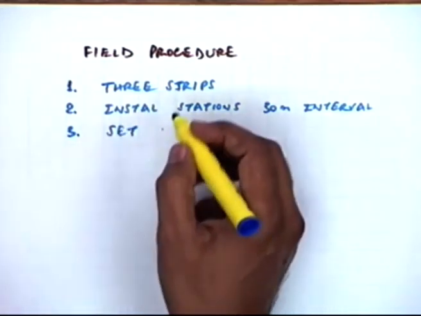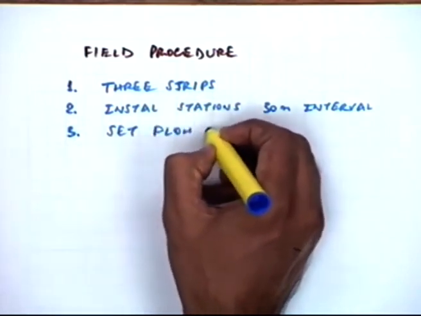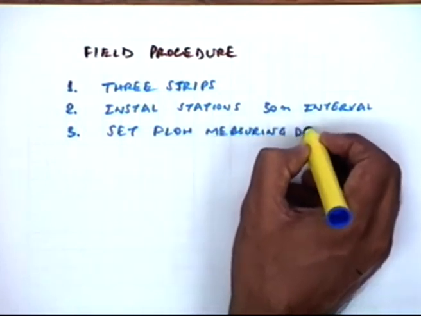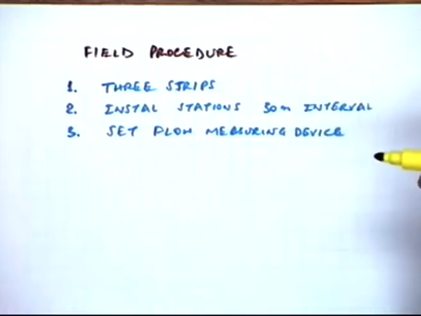The next step will be to set the flow measuring device. In case of siphon tubes, you will have to set the siphon tubes after selecting the number of siphon tubes, because each siphon tube will have its own capacity.